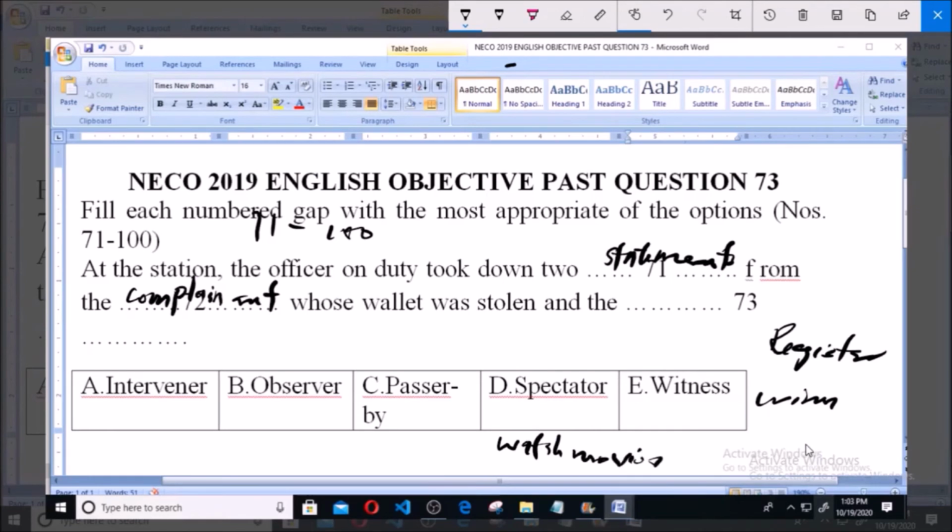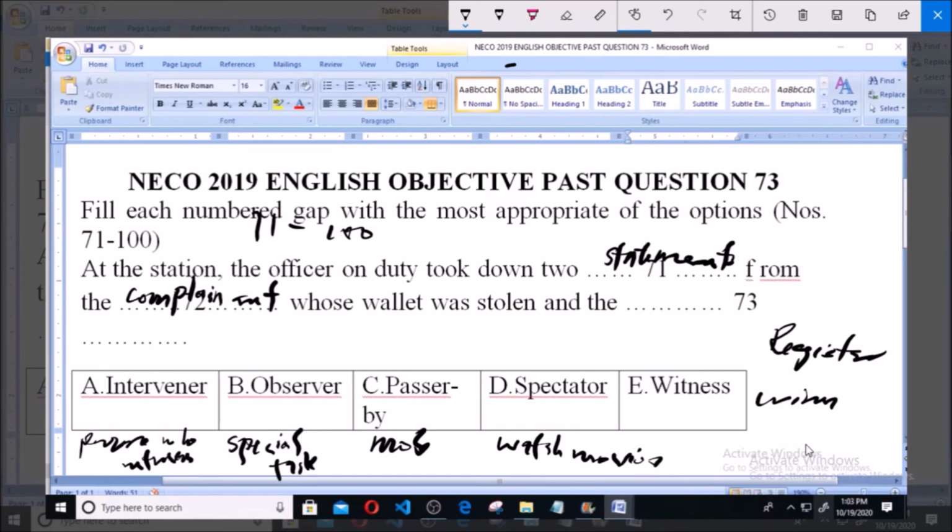Then passerby is like a mob, people who are just on their own. Then observers are people who are on special tasks. The intervener means a person who intervenes. Then option E is a witness.